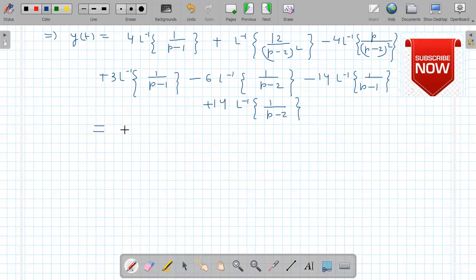Now it is very easy. So it is 4e^t plus 12e^(2t) by the first shifting property, and then Laplace inverse of 1 upon p square, and here the same thing, into Laplace inverse of, it is p minus 2 and it is only p, so we cannot apply the first shifting property here.